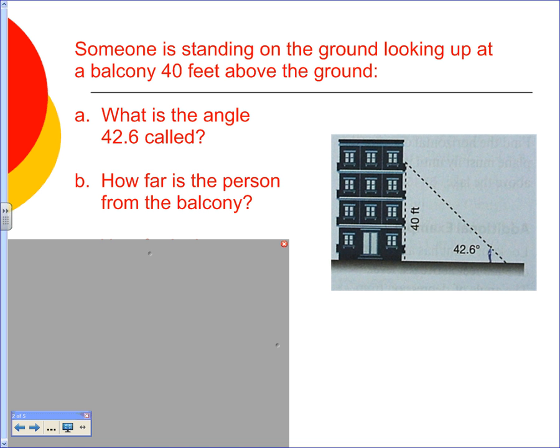What are you going to have to do to figure out how far the person is from the balcony? Ben says use tangent. I would not use tangent.